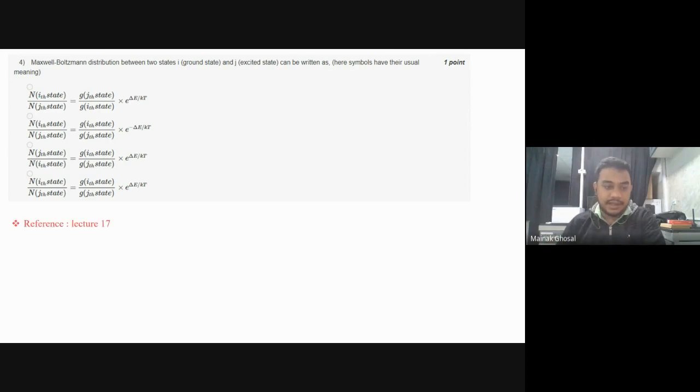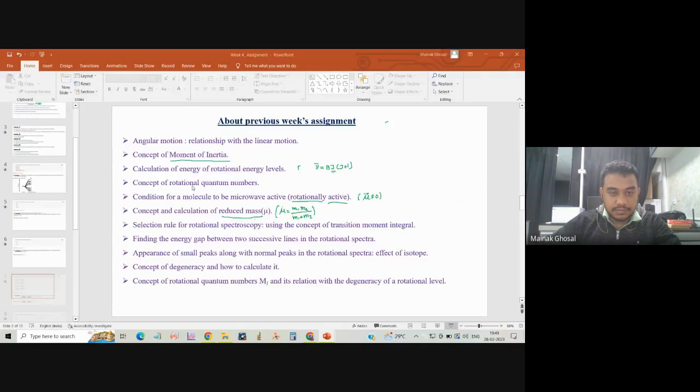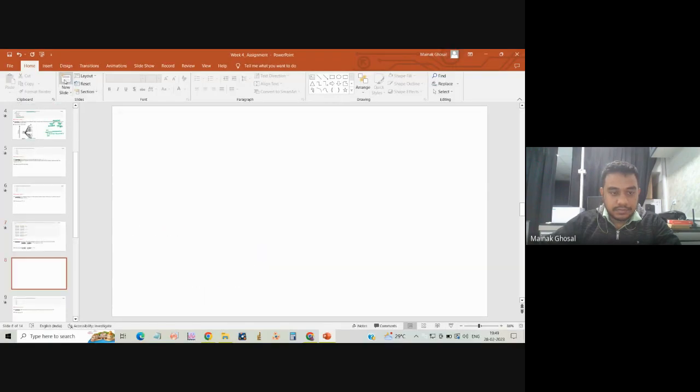You can find this answer also in lecture number 17. The straightforward relation says: suppose we have two states.